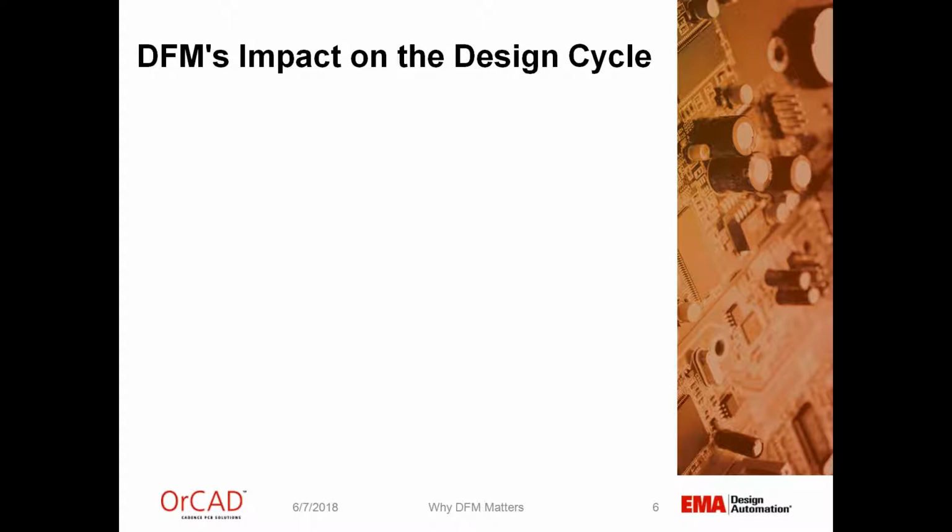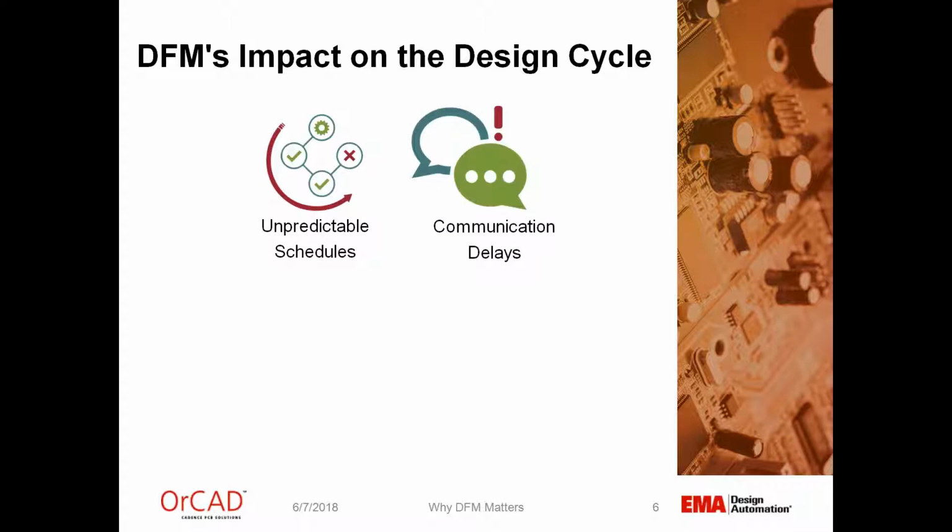So that's how it affects the overall picture, but how does it affect the design cycle? It makes our schedules less predictable. If there are communication delays after I've sent the data off to the manufacturer, if they sit on it for a couple hours or a day before they get back to me with the problems they found, there's another delay in my project. So these are the types of things that we want to avoid.